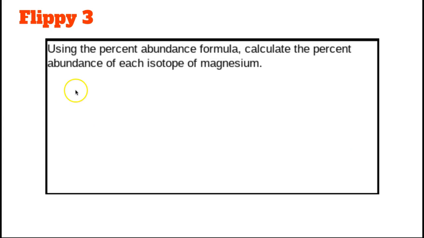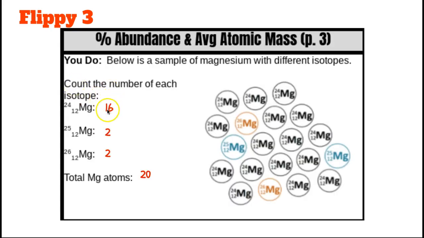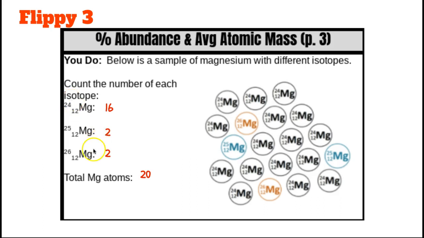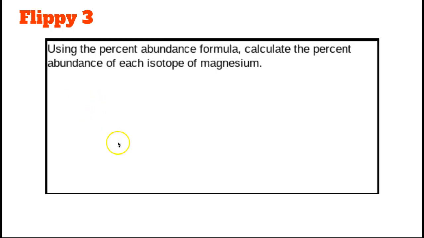So on this next one, we're going to use the information from the previous page, the 16, 2, 2, and 20, to do a calculation. So we're going to find the percent abundance of magnesium 24. If we look back to the previous slide, out of our 20 total atoms, 16 of them had a mass of 24.